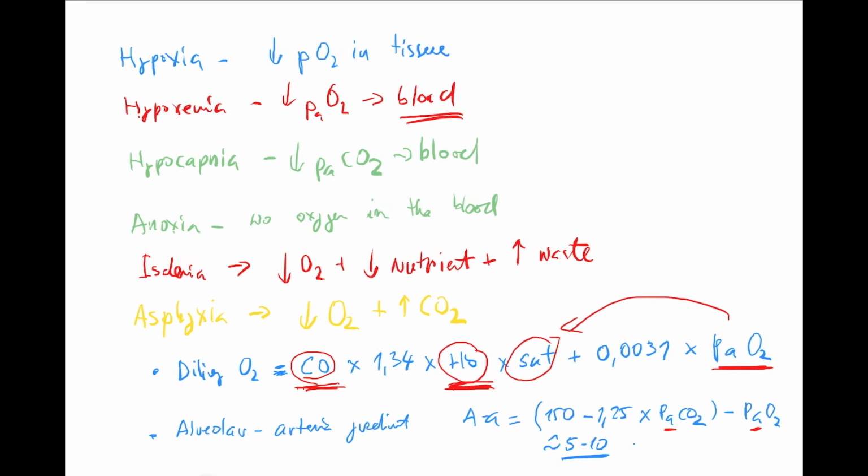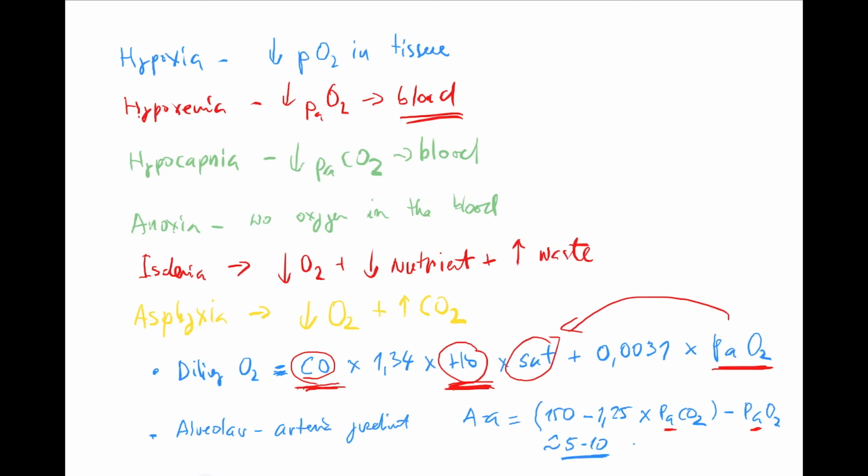And on the other hand, with this A gradient, you can also tell in case there's a problem with control of the lungs. So if there is a central control problem, the way you're going to do it is, you see there's hypoxemia in the blood, you count the A gradient, and it's going to be normal. It's going to be less than 10. And this basically tells you one most common thing nowadays: the ventilation is not proper, the control is not optimal, the patient is hypoventilating.